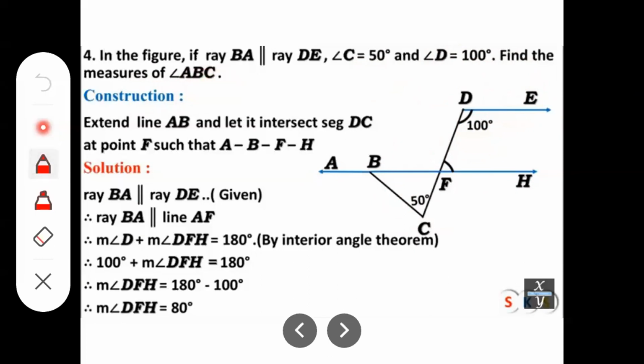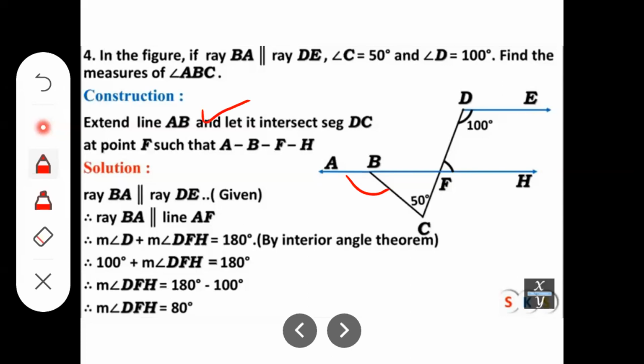Which angle do we have to find? Angle ABC. We have to find this. Now, in your textbook, a hint is given for the solution. That hint means this construction.